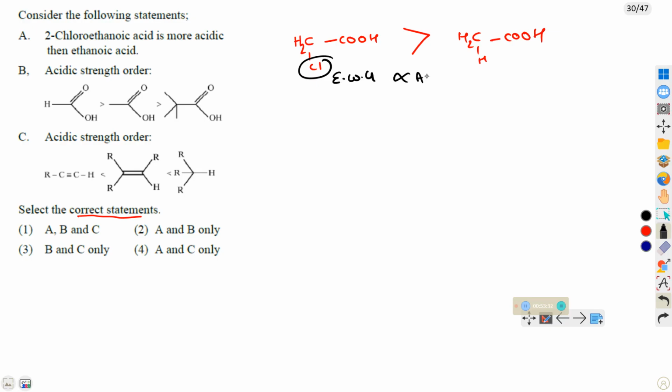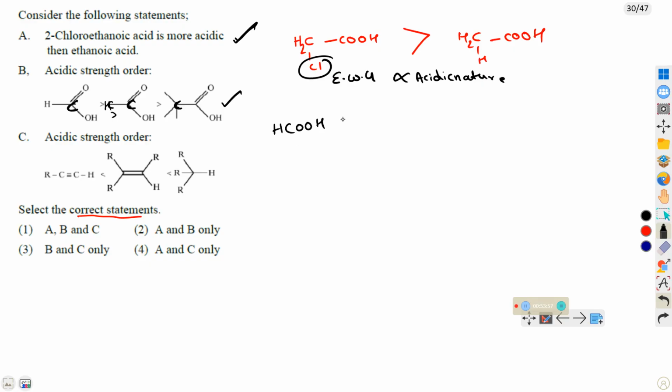Acidic nature is directly proportional to electron withdrawing effect. First statement correct. This is HCOOH. This is CH3COOH. Correct. This is also correct.